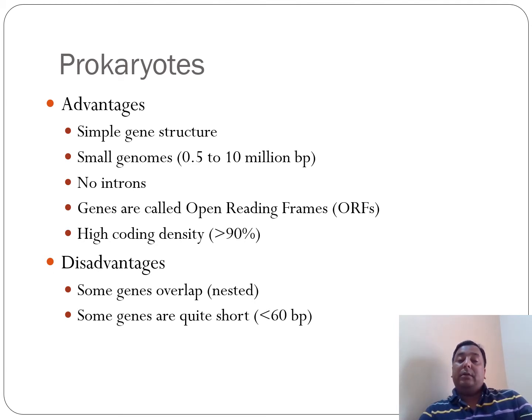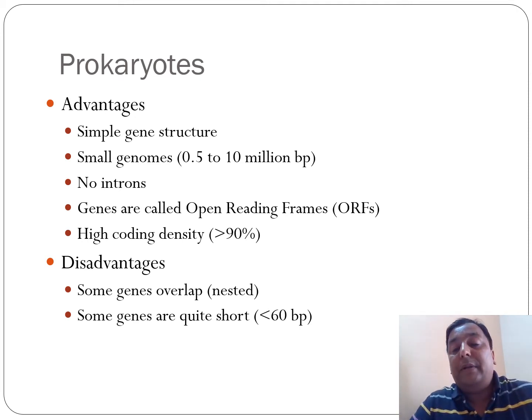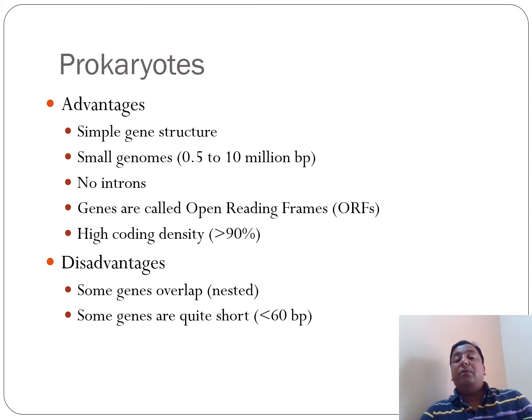In prokaryotes, the advantage is a simple gene structure and small genome size, which ranges from 0.5 to 10 million base pairs, and no introns.